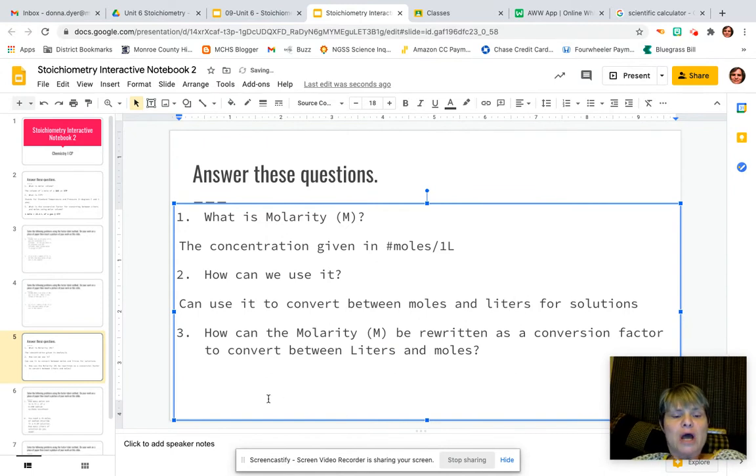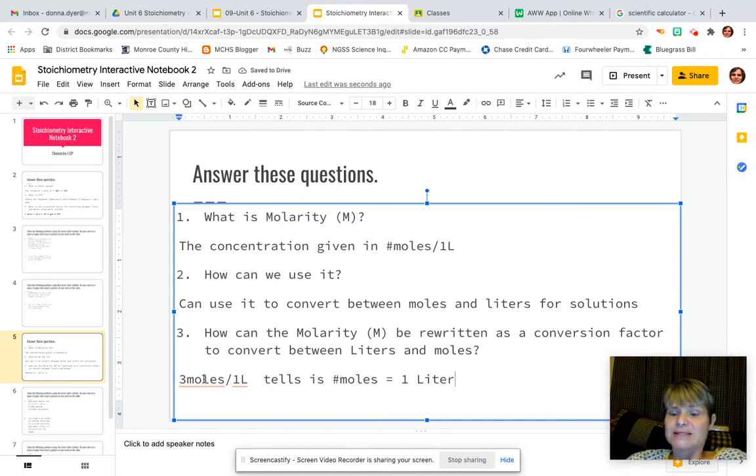Okay, so how can the molarity be rewritten as a conversion factor to convert between liters and moles? Well, if we know it's the number of moles in 1 liter, then what it tells us is that the number of moles, whatever that number is, is equal to 1 liter.